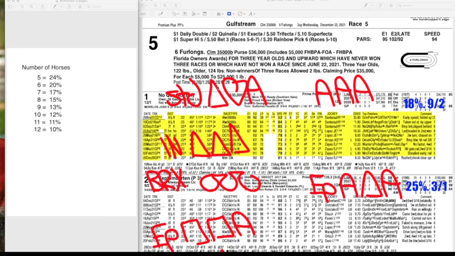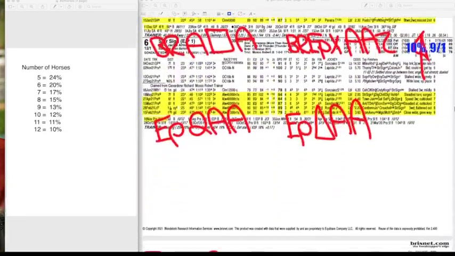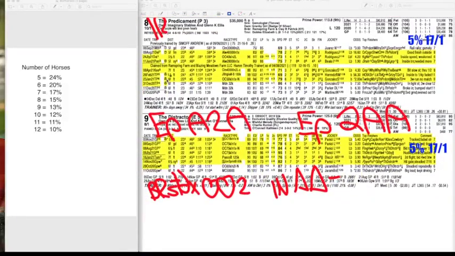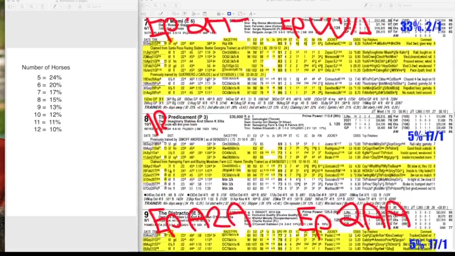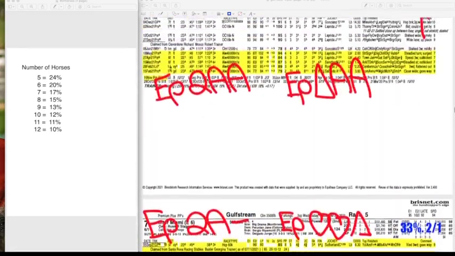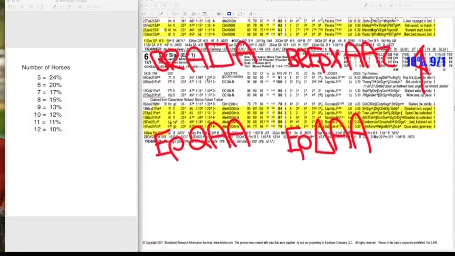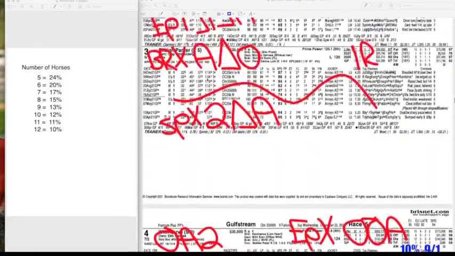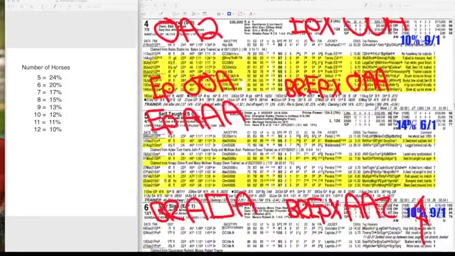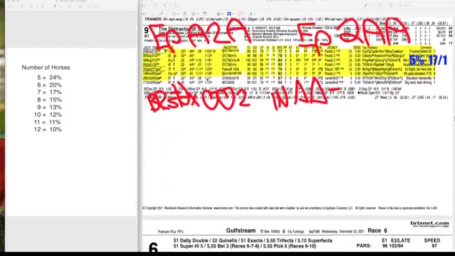So I start with wanting to know how many horses are in the race because I want to know how many points I'm looking for. This is a 9-horse race, but there was a scratch. The 3-horse was scratched, so there's only 8 horses in the race.